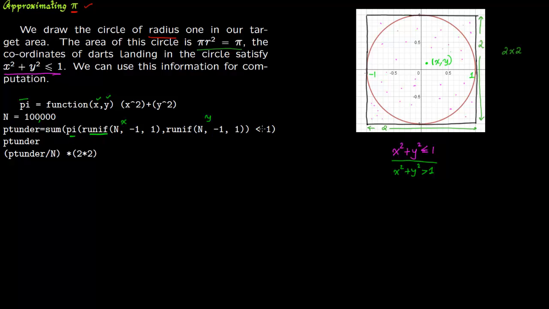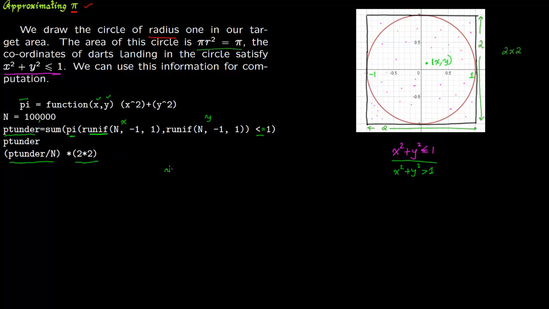You can put less than or equal to, but that is not going to make much of a difference. If this condition is true, then you can sum up all these points. This will give you the total number of points which lie inside the circle out of 100,000. Now you can compute the proportion, points under by n, times the target area, which is 2 by 2. This should give you the value of pi.